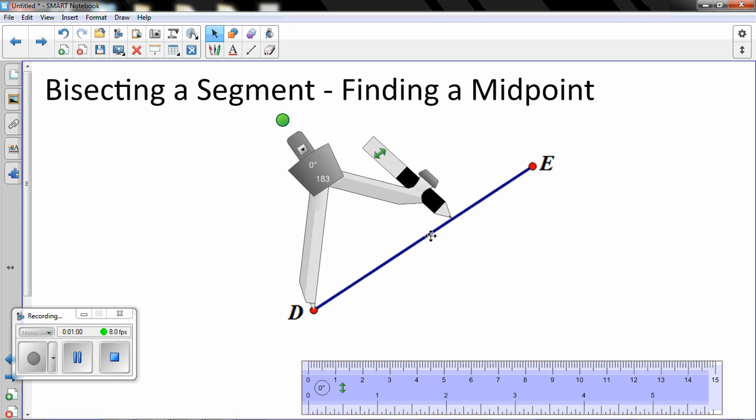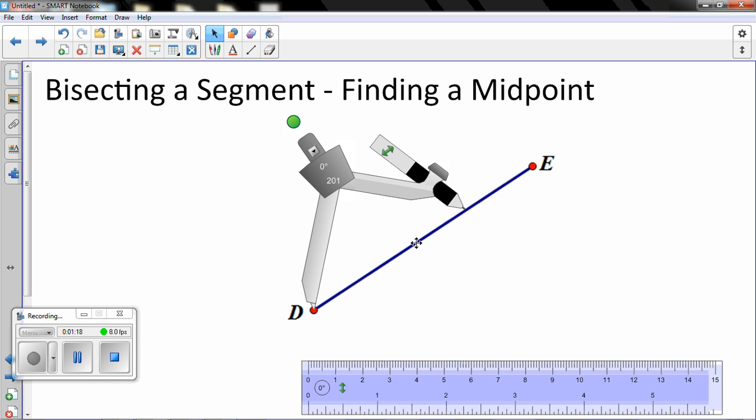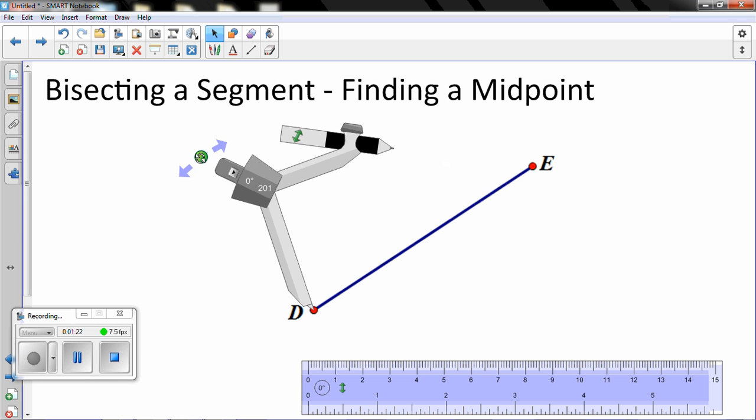Just looking at the segment, thinking about where the middle would be, I think it's about where my cursor is, right there in the middle where my 4 arrows are. And so I want to make sure that my compass width is past where I think that midpoint is going to go. Okay? So I've got to make sure that I go more than halfway.